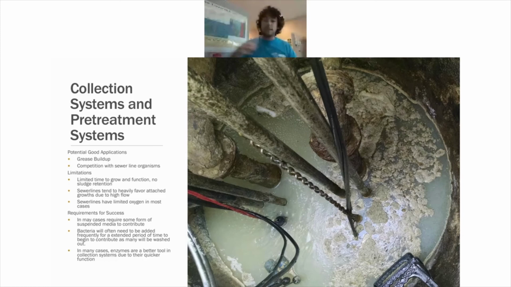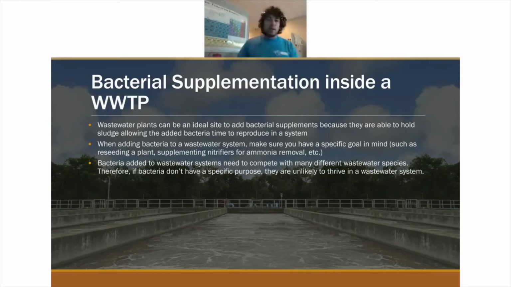If it sticks to the grease, it has enough time for the bacteria to make some impact and begin to degrade the grease present. So that would be another option if you have somewhere for the bacteria to stick so they're not getting washed away in the system. And in the case of Greasezilla, they're going to stay stuck to the grease until the grease physically breaks apart and is washed down the line and begins to be degraded. So that's the kind of thing present.